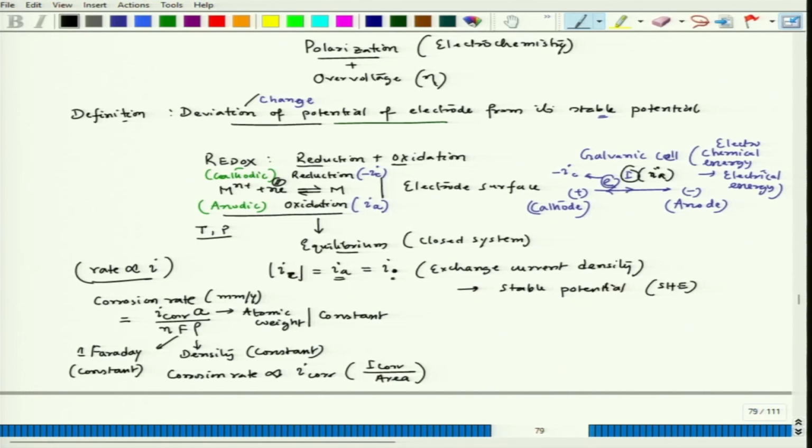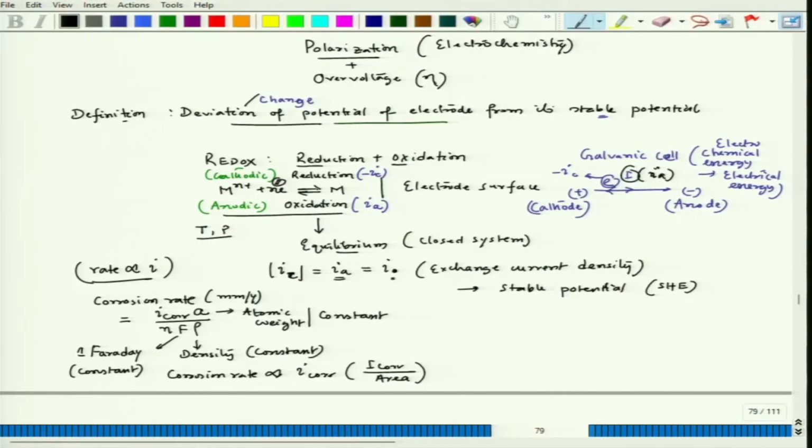Now, if we leave that as it is, it will remain in that equilibrium position, but if we try to break that equilibrium, that can only be possible if one of those reactions goes at a higher rate than the other.